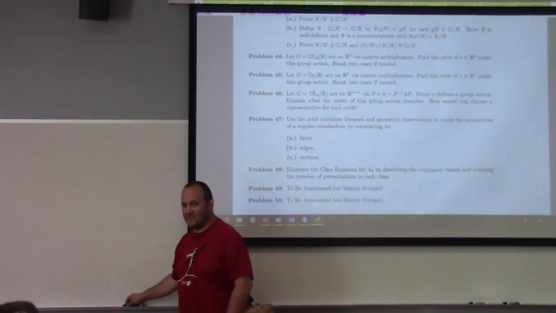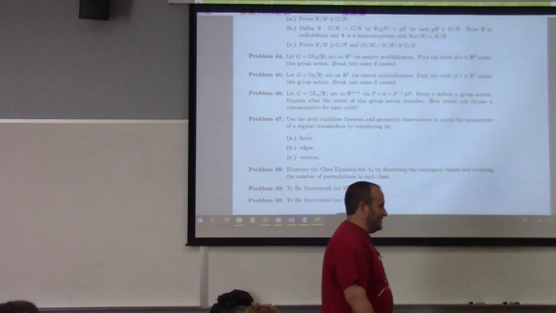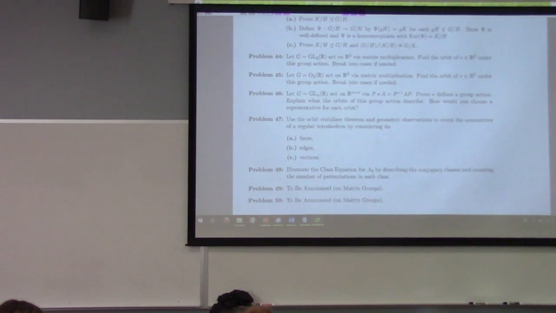Not really that it's hard, it's just tedious, right? Now the smart thing to do. Number 50 looks really hard. When will we have 49? When will you have 49 and 50? That's a good question. That depends on when I write them tonight.